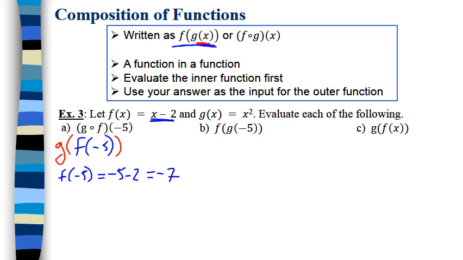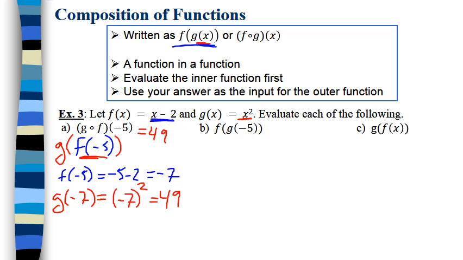And so then I'm going to take that negative 7 and find g of negative 7, because f of negative 5 is negative 7. So g of negative 7 is negative 7 squared, which is 49. So therefore, g of f of negative 5 is 49.